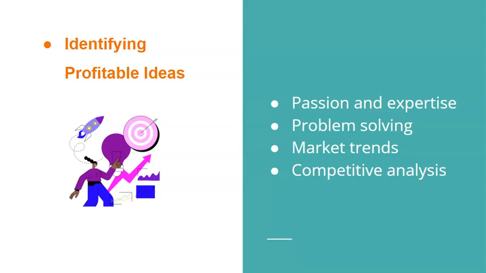And then thirdly, you need to stay updated with industry trends and emerging markets. You need to use tools like Google Trends, industry reports, and even the regular social media that everybody uses to spot trending topics and niches that people are having problems around, and then you can create a product that provides a solution to those problems.